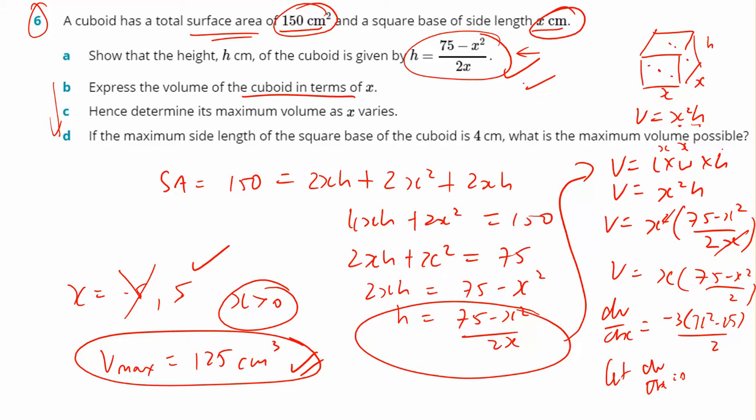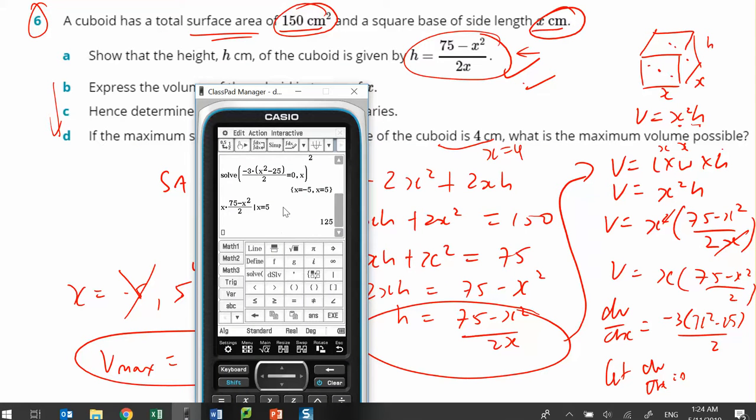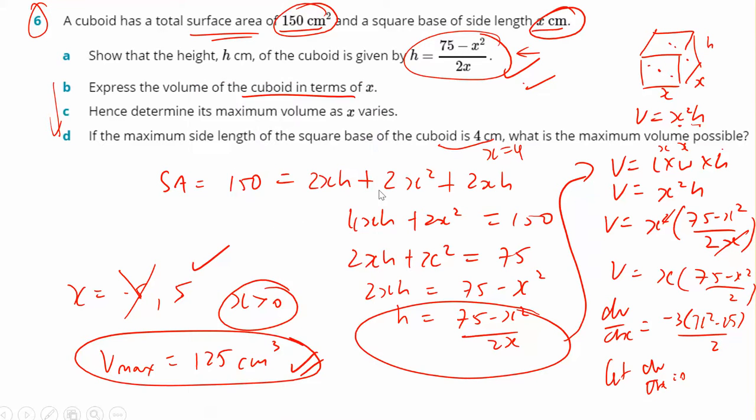So for part D, if x equals 4, you sub this back into the equation. With x equals 4, the maximum volume possible is 118 centimeters cubed. So the last part is just subbing in x equals 4. You don't have to do any calculus. It's just asking for that. So hopefully that helps.